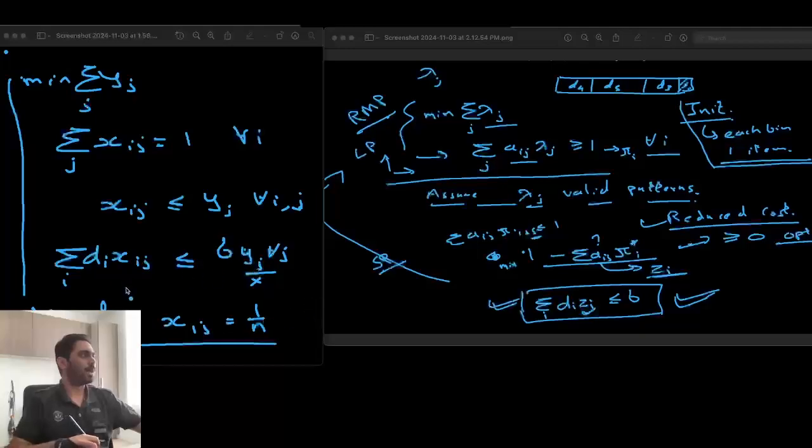These are my easy constraints, so I am putting them inside my SP subproblem, which is right over here. Recall that they look basically exactly the same: di xij is less than or equal to b, and this is di zi is less than or equal to b, summed over all i. So it's exactly the same constraint.